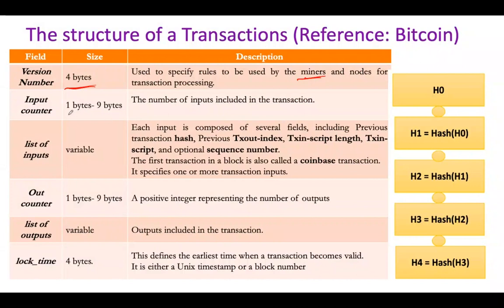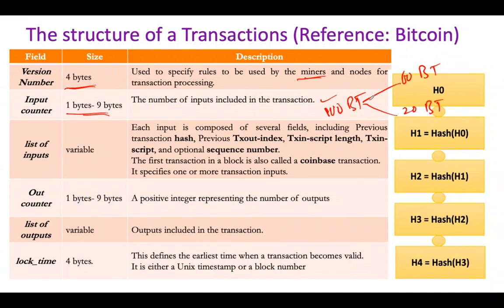The next 1 to 9 bytes are used for your input counter: how many inputs are included in that transaction to spend the coins. Suppose I have 100 bitcoins, I may spend them in different ways: 60 bitcoins in one transaction and 20 bitcoins in another transaction.